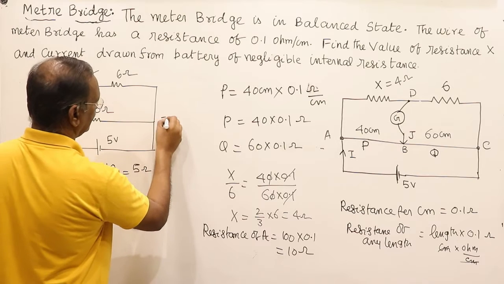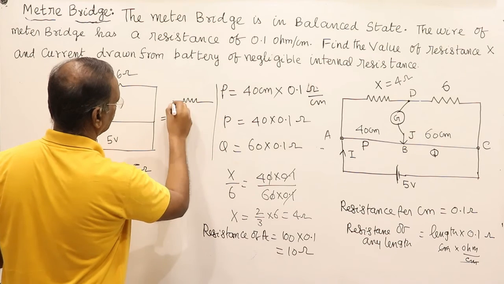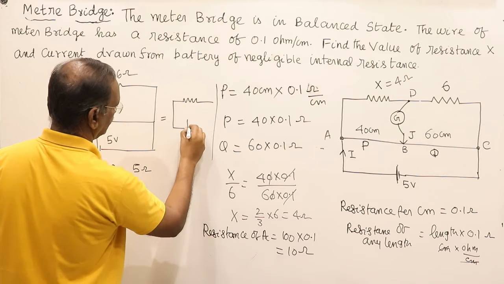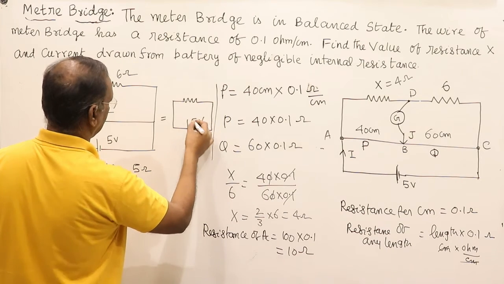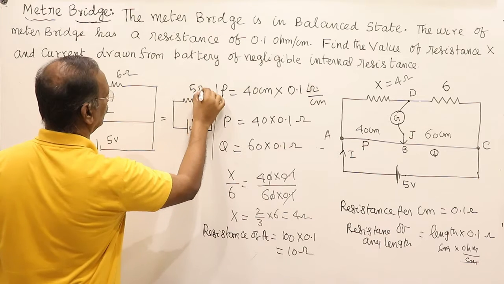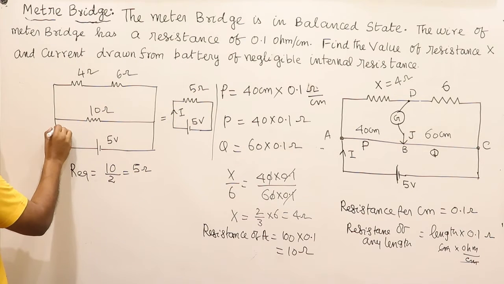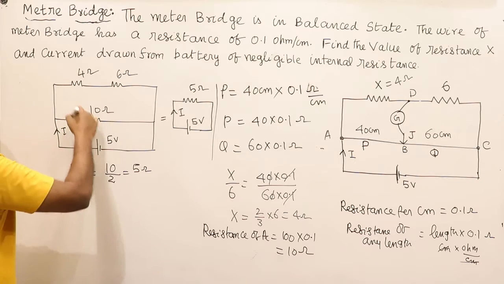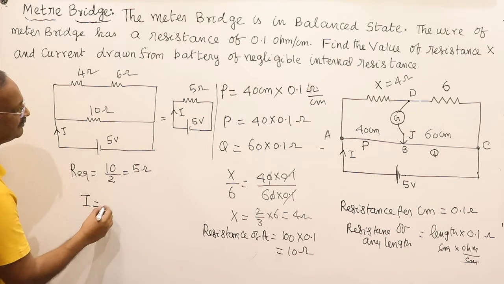So this circuit can be drawn as 5 volt and 5 ohm, and this is the current flowing. This combined became 5 ohm. So what is the current drawn from the battery?